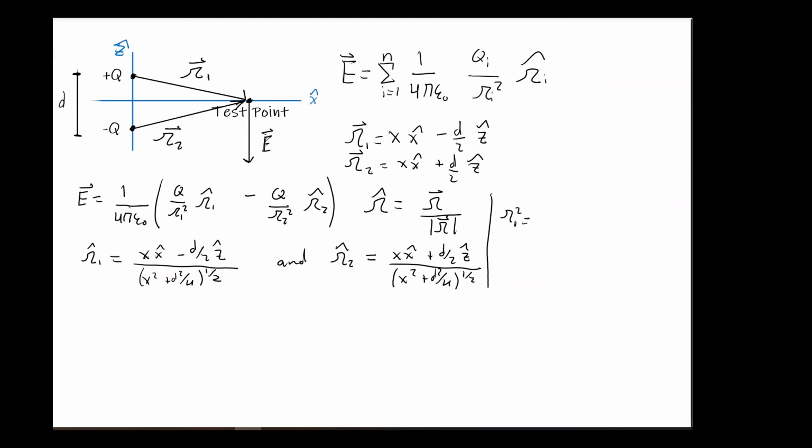So the magnitude squared of our curly r1 vector is just x squared plus d squared per 4, and we're going to get the same exact result for the magnitude squared of our curly r2 vector.